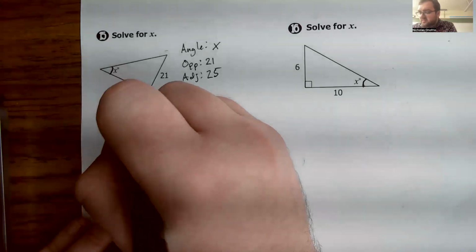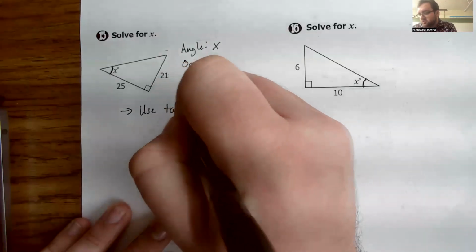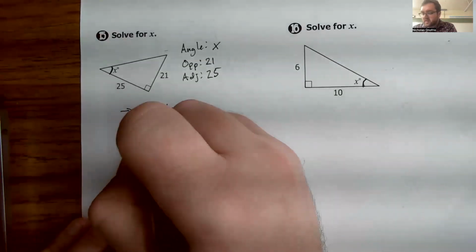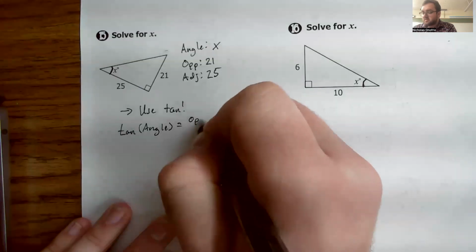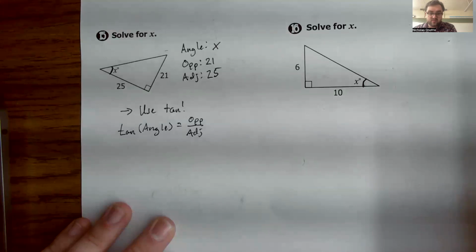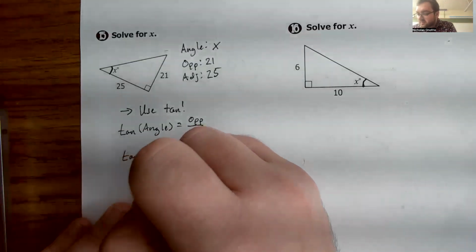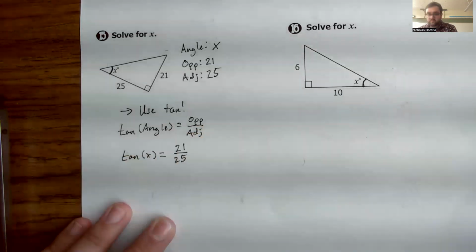So that tells us, since there's no hypotenuse, we have to use tangent. Our tangent formula, tangent of your angle, is equal to opposite over adjacent. Plugging in our values, we're going to get tangent of X equals 21 over 25.